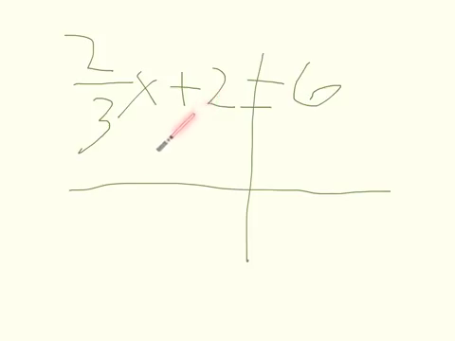And so since this is a whole number, we need to use the inverse operation of 2. And so what you want to do is to subtract 2 on both sides, since subtraction is the inverse operation of adding 2.